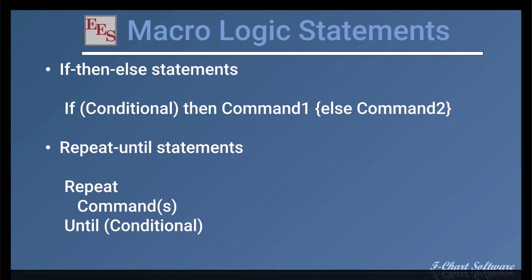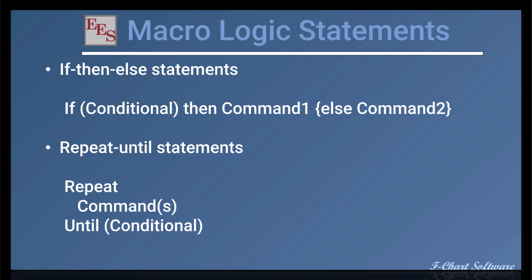Note that if the conditional command involves string variables, then you can only use equal or not equal to as your relational operators. One thing that you have to be clear about is that the entire if-then-else macro command has to be on a single line, which is one of the reasons why we'll often use go-tos in this type of construct.